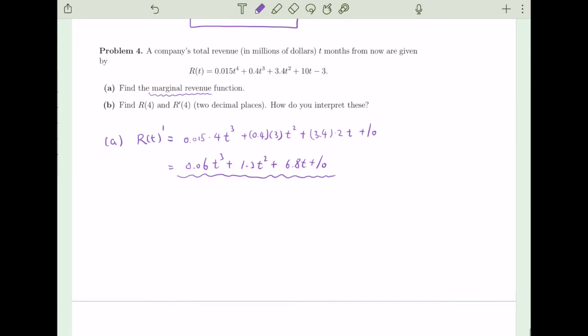Now question B, find R of 4 and R prime of 4. How do you interpret these things? So find them first.